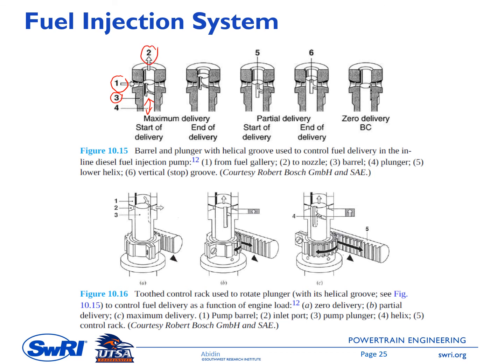The level of fuel flowing into the nozzle is controlled by the relative position of the groove at the plunger and the gallery entrance here. In the first figure on the left side, it is the condition where we have maximum delivery. In this case, the fuel enters from the left, and then moves up, going into the nozzle.